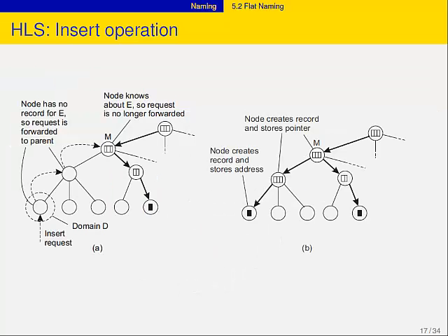Okay. If you have an insert operation, it's exactly the same thing. So let's assume I had my file over here, and I want to insert a copy of the file over here as well. So what I do is I say, hey, insert a copy of the file. The request goes up the tree until you hit the first parent that knows about this file, and then it says, okay, I'll register pointers to you.